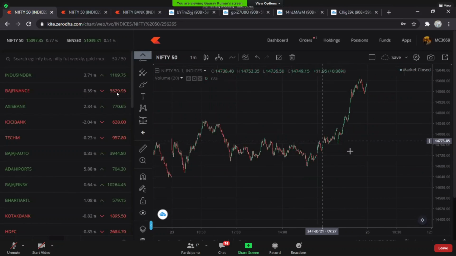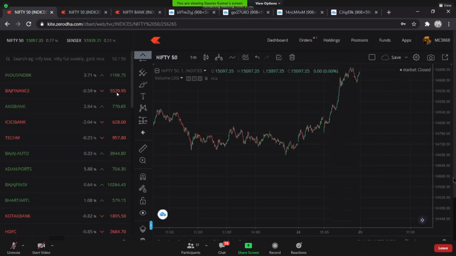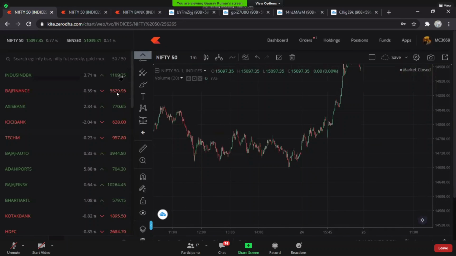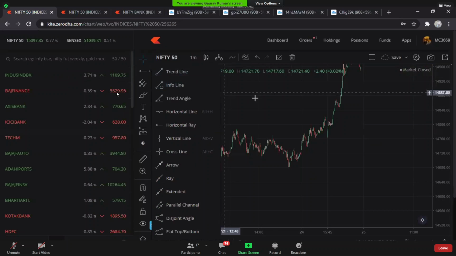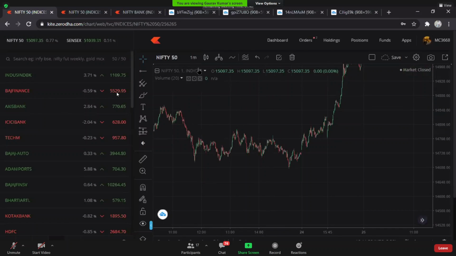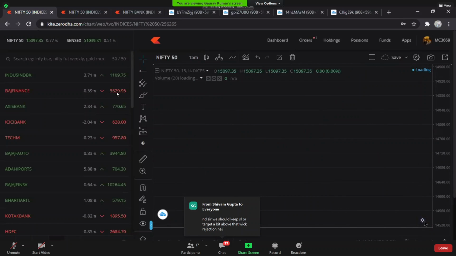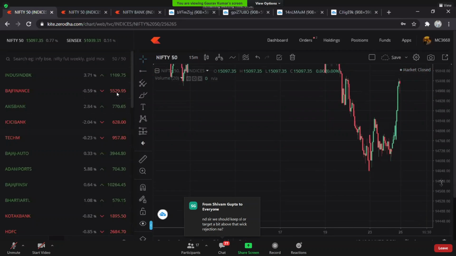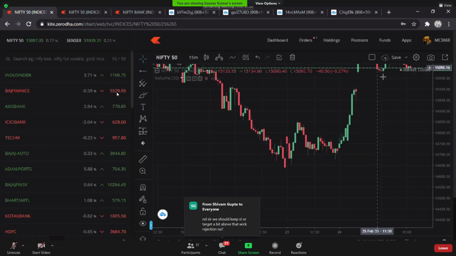I take entries in 1 minute, so that's why I'm showing you patterns or whatever things in 1 minute. Means not patterns actually. How can I take entries? And so we should keep SL or target a bit above the wick rejection.